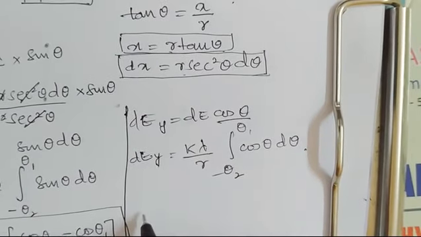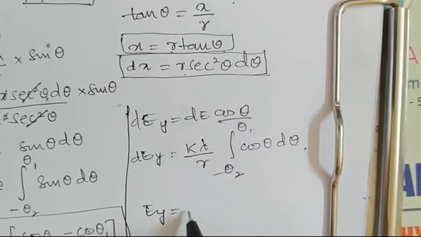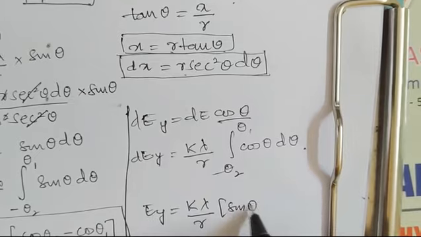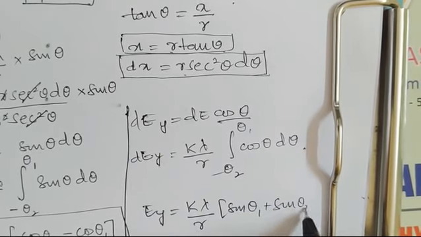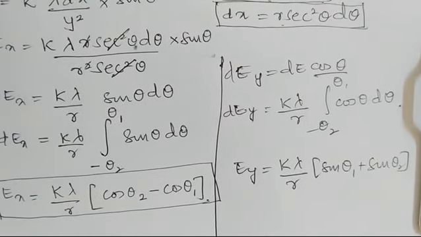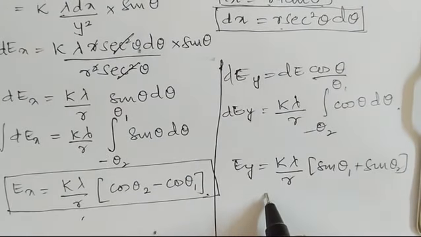So on integrating, we will get Ey is equal to K lambda divided by R into sine theta 1 plus sine theta 2. So these two are the electric field along the x-axis and y-axis.